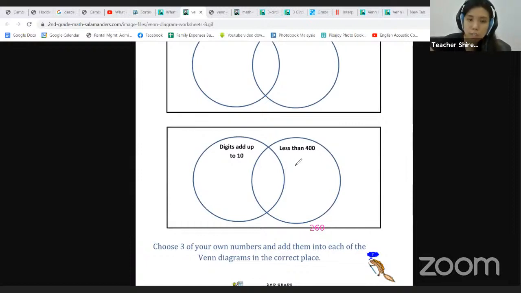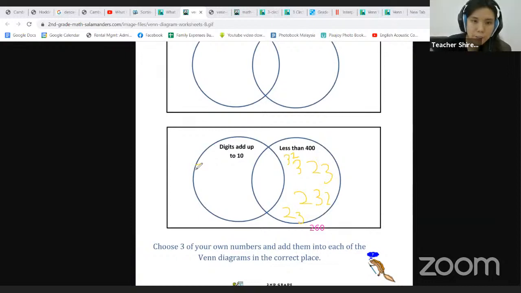Okay, so you now write any number that is less than 400. Let's say, for example, 3, 2, 3, 23, 32, any number. Then let's assume that Harold writes any digits that add up to 10.